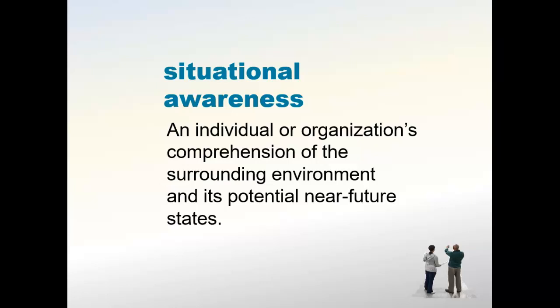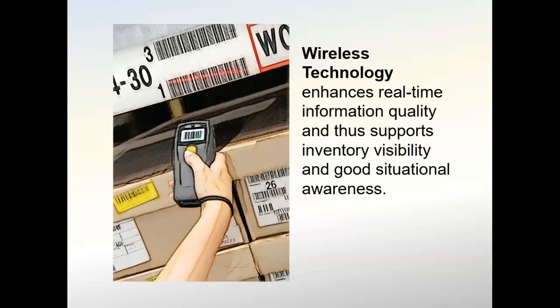So situational awareness is an individual or organization's comprehension of surrounding environment and its potential near future states. So the rapid movement of minimum amounts of inventory through a lean system makes real-time inventory information critical. Wireless handheld devices are common tools guiding this type of inventory flow, such as the portable barcode reader, as you see here in this illustration.